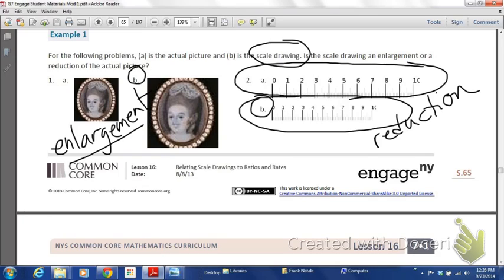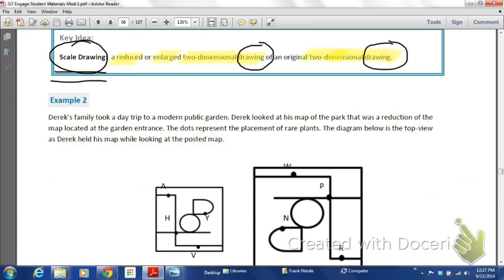B is a scale drawing of A. It's just been reduced, and the ratio has to stay the same. Again, a scale has a certain ratio, a certain constant of proportionality, which we'll talk about more in a little bit.